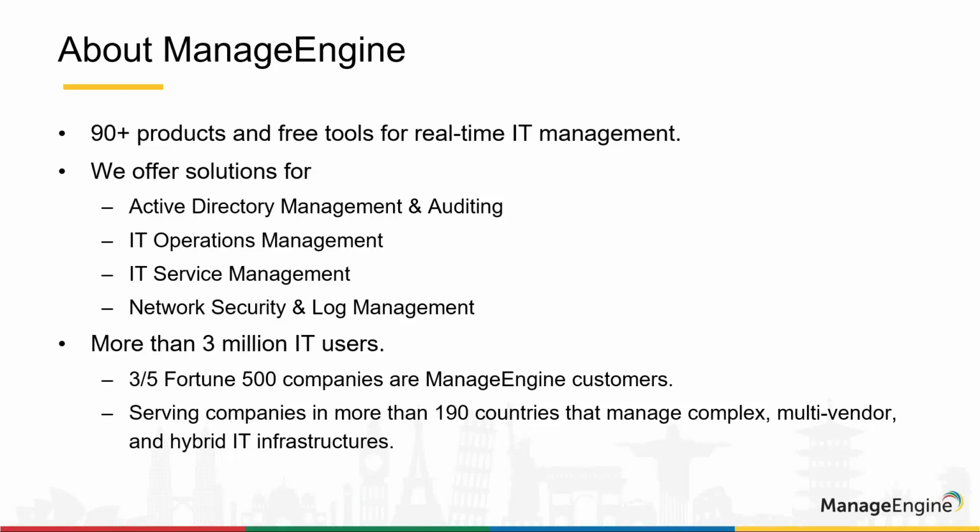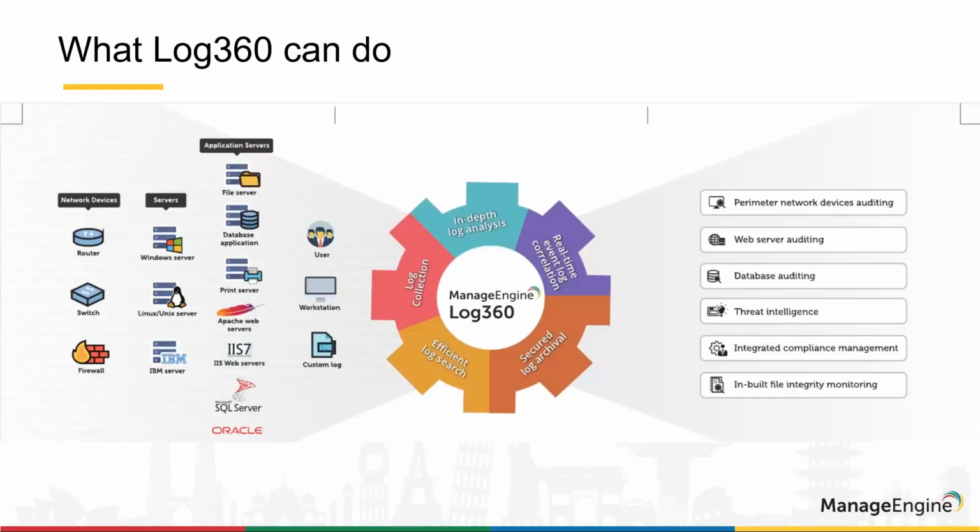So what we're going to look at today is Log360. As the name suggests, this is going to focus exclusively on each and every application, networking device, your servers, your workstations, every single device in your network. The product is going to collect the logs so you can do an in-depth analysis. You can get real-time event correlation. You can store all these logs for further analysis and get meaningful reports.